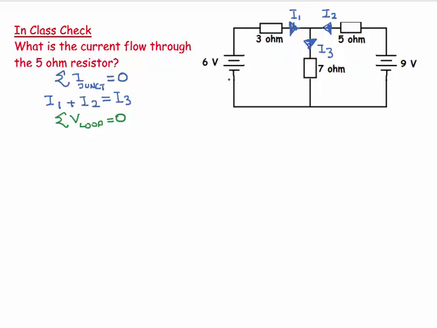Basically, the voltage I create in the power supply is used up or dropped across the components in the other parts of the loop.